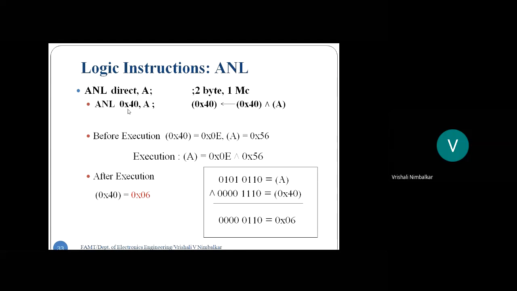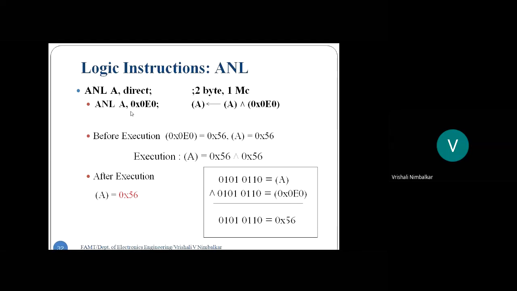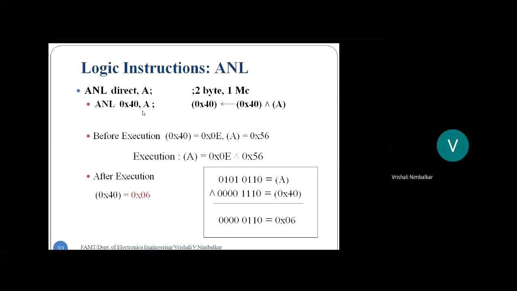Okay, now see here 40 hex. 40 hex is nothing but RAM, internal RAM memory. Right? Earlier example was an SFR address because it is beyond 7F. Now this is inside 7F, meaning it is RAM memory, internal RAM memory.